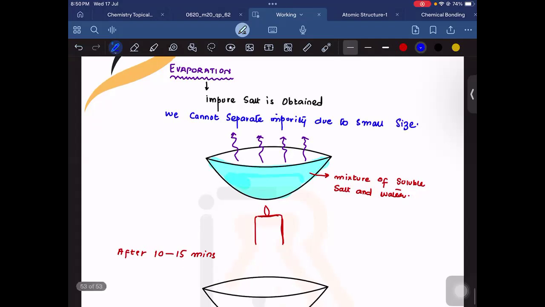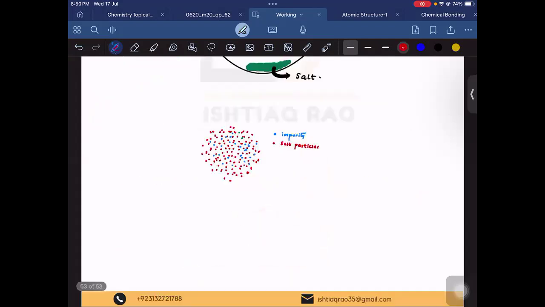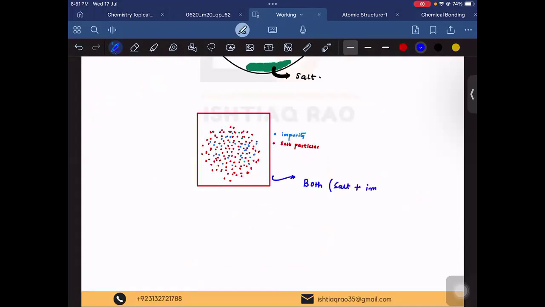Why am I saying this? In this, both the salt and impurity, both sizes are very small. So it's difficult to separate these.